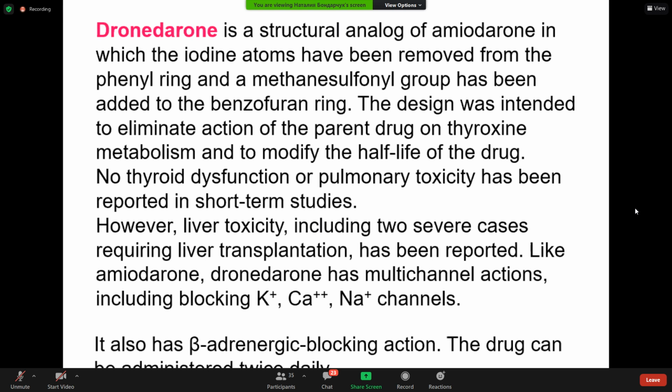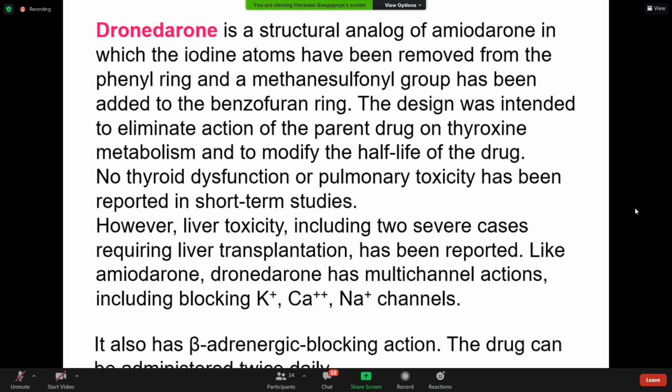The design was intended to eliminate the action of the parent drug on thyroxine metabolism and to modify the half-life of the drug. So no thyroid dysfunction or pulmonary toxicity has been reported in the short-term studies. So dronedarone is better tolerated versus amiodarone. However, liver toxicity, including 2 severe cases requiring liver transplantation, has been reported.